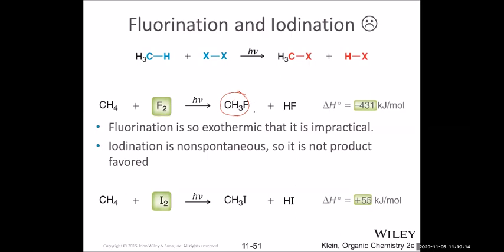In the end, it will keep reacting until it gives us carbon tetrafluoride. It cannot be selective, so it's not useful. Also, fluorine is highly dangerous. The reaction produces so much heat that it's almost explosive. For the iodination reaction, as you can see, the delta G is positive, so it cannot form product. So only the chlorination and bromination remain.